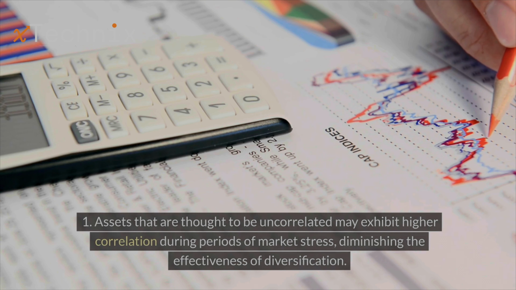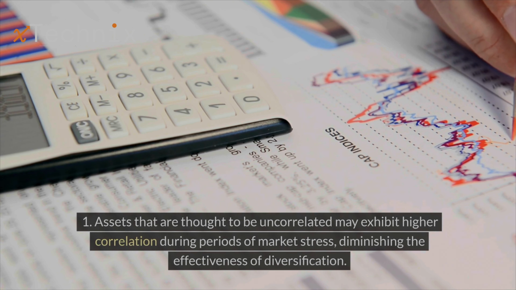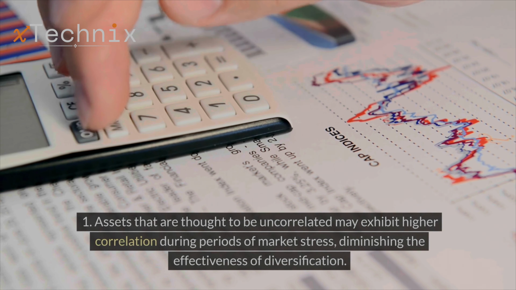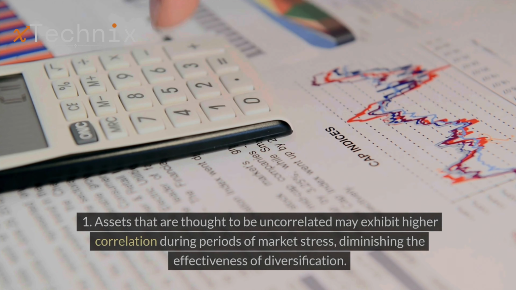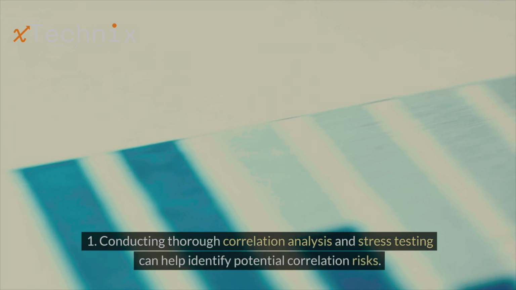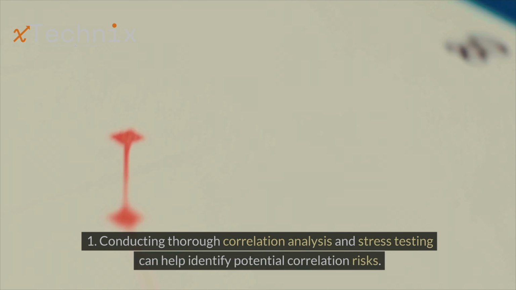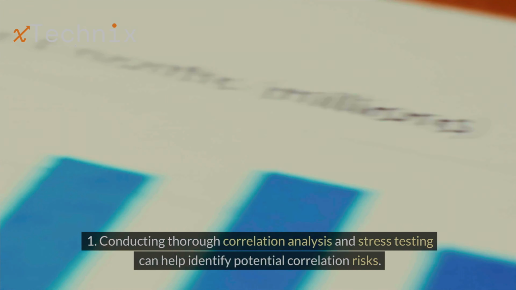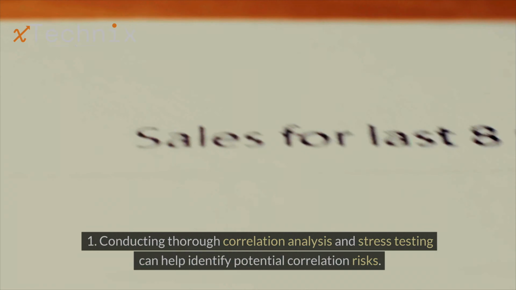Correlation risk. Assets that are thought to be uncorrelated may exhibit higher correlation during periods of market stress, diminishing the effectiveness of diversification. Conducting thorough correlation analysis and stress testing can help identify potential correlation risks.